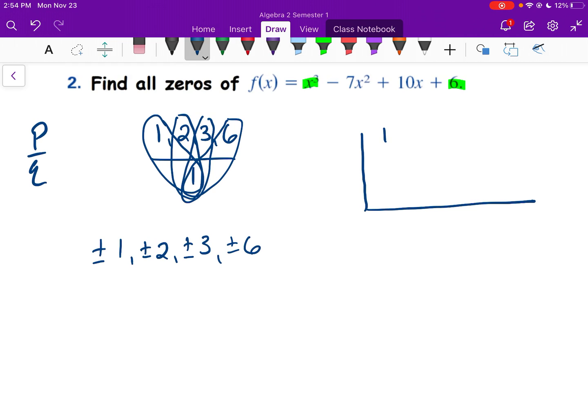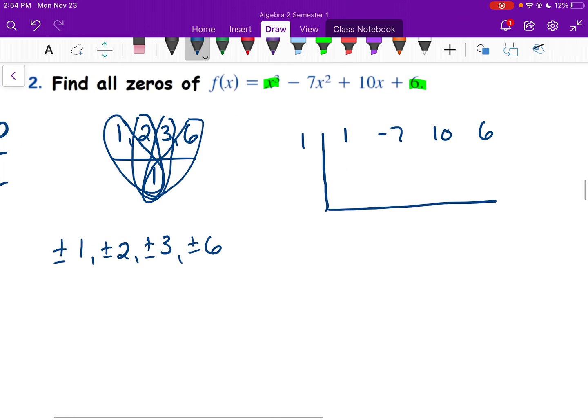For example, we can do our synthetic division, and it's x cubed, so 1, negative 7, 10, and 6. It's a cubic function, so we should have 4 coefficients. Then you can just start working through those possible solutions. We said positive 1 is a possible solution. So you drop it down, 1 times 1 is 1, add, multiply, add, multiply, add.